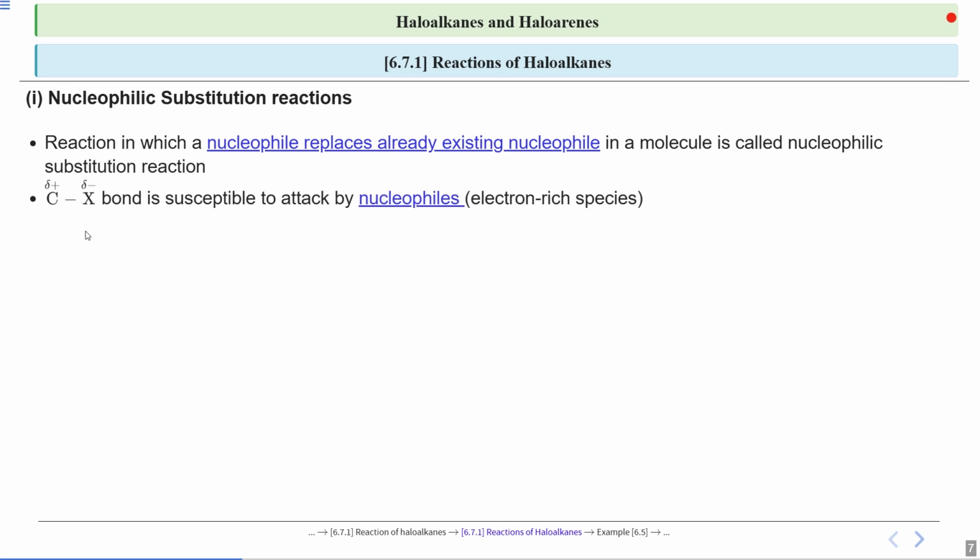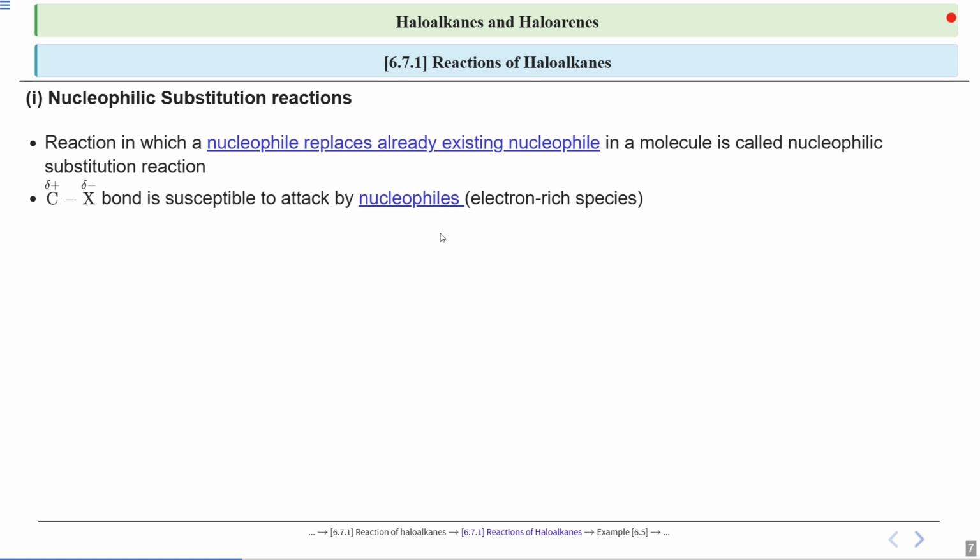Carbon halogen bond has partial charges, like partial positive on the carbon and partial negative on the halogen due to the polarization of this carbon halogen bond. So carbon halogen bond is susceptible to attack by the nucleophiles that are electron rich species.